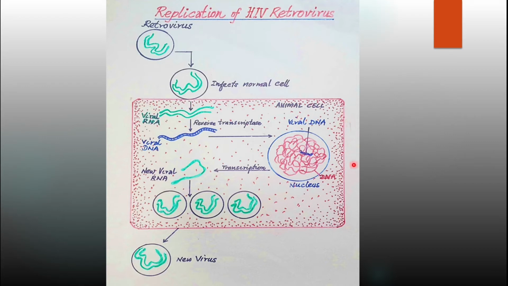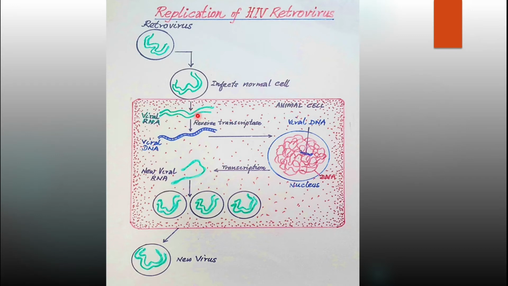Now this is an enlarged view of a macrophage. So it goes and attaches itself to the macrophage, after which the core of the virus, remember the core of the virus which contains the genomic RNA, is introduced into the macrophage and you'll find the viral RNA now within the macrophage.